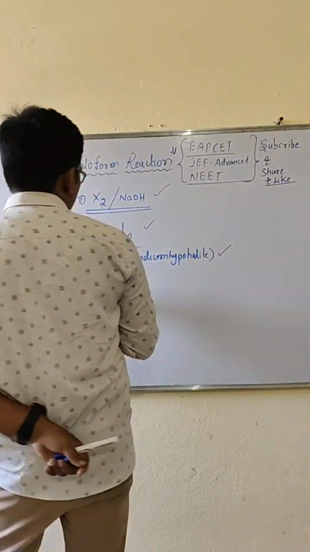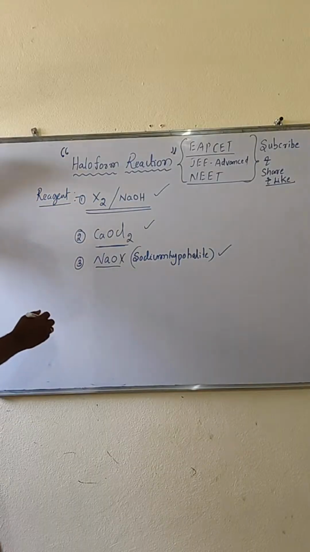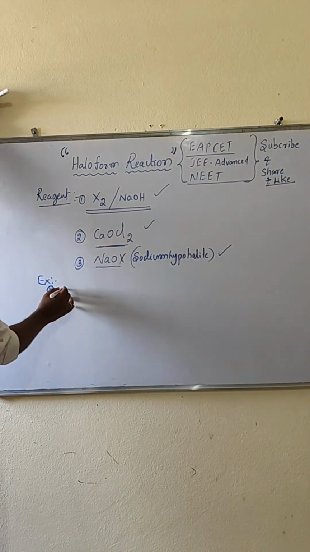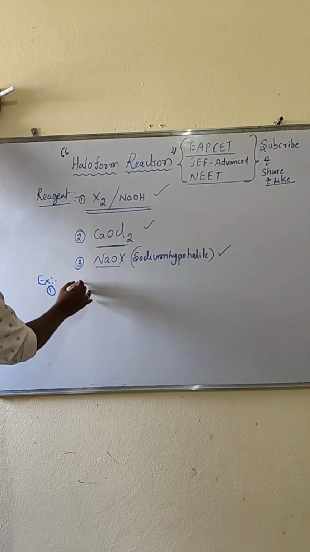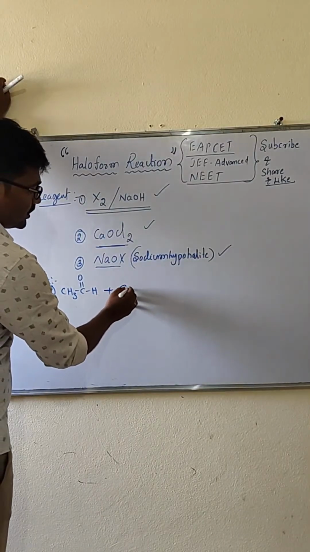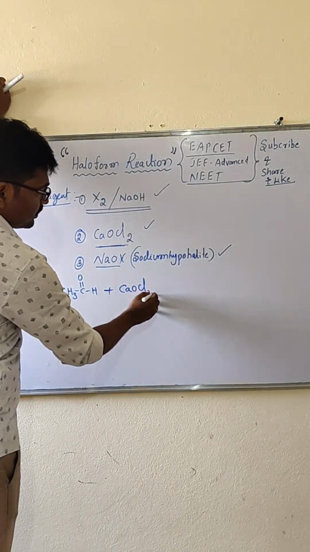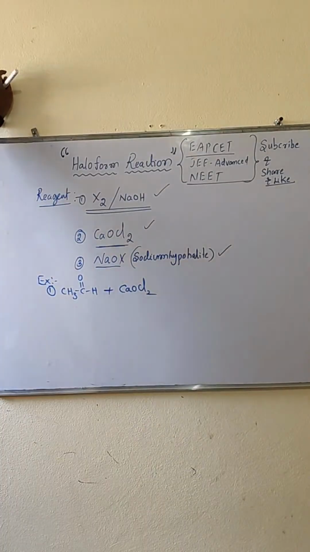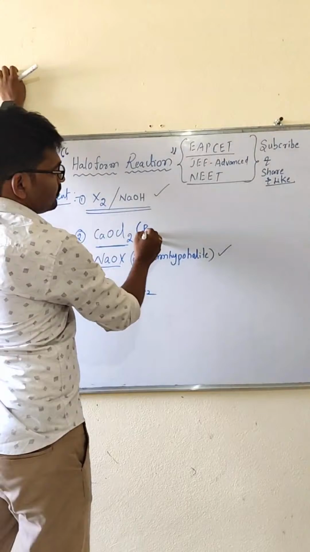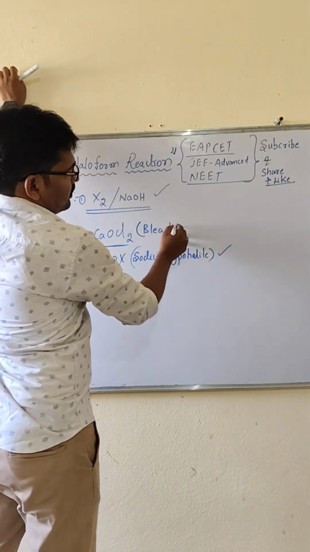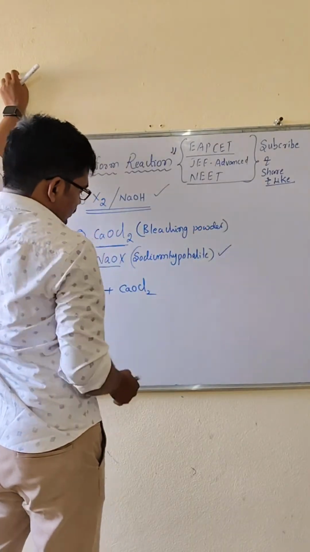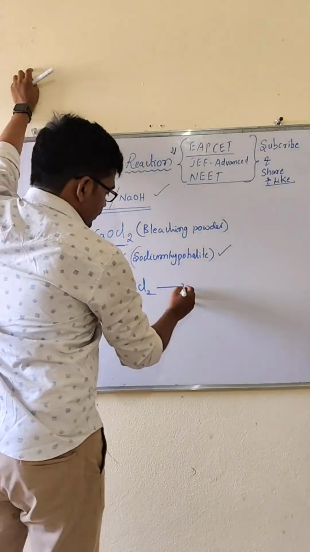See, for example, one of the examples I am taking: CH3, then C double bond O, then H. Once it is treated with CaOCl2, bleaching powder, what will be formed?